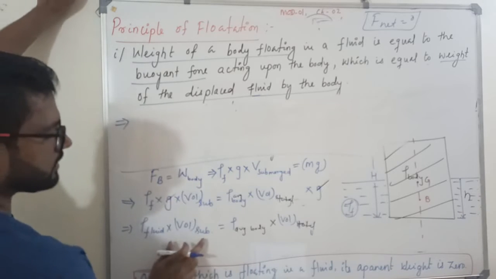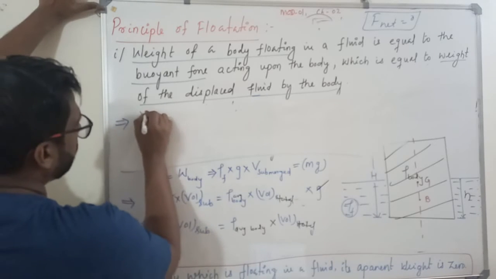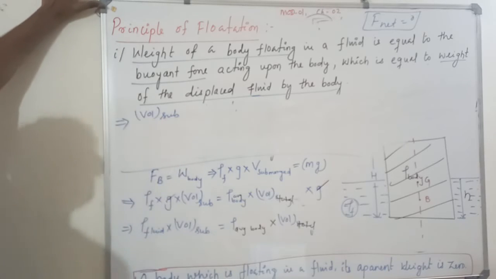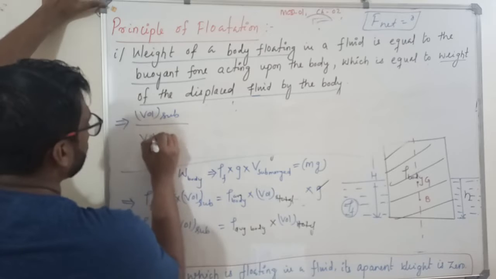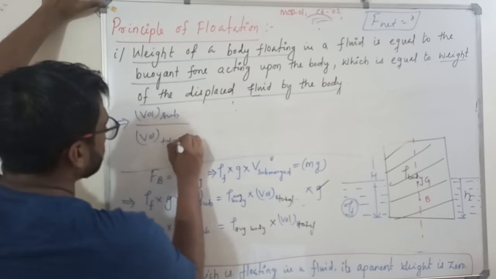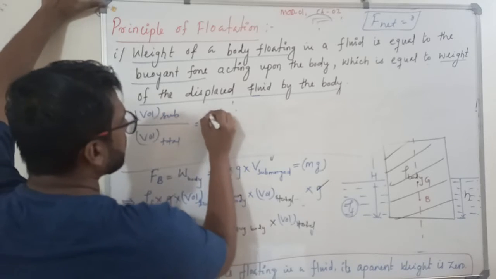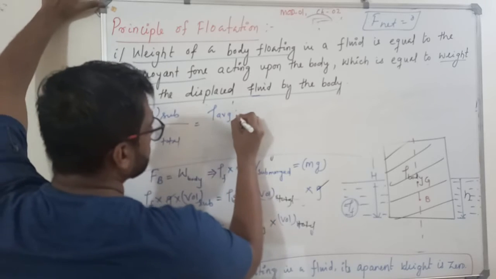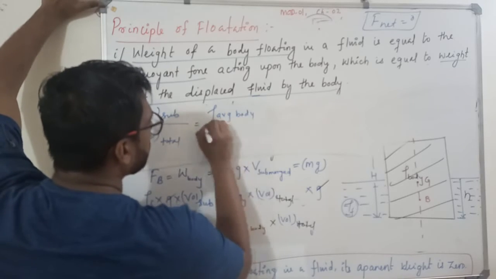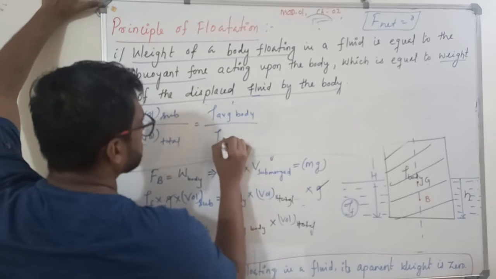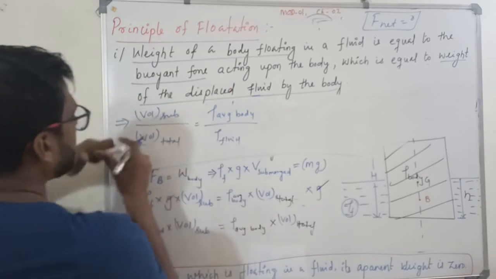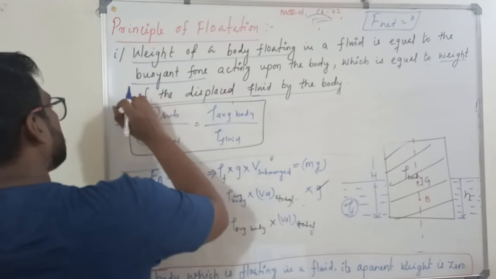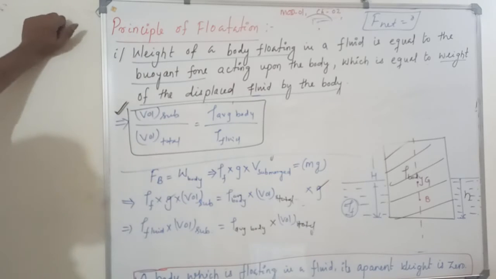This implies the volume of the submerged portion by volume of the total is nothing but the average density of the body divided by density of the fluid. This is a very fantastic equation.